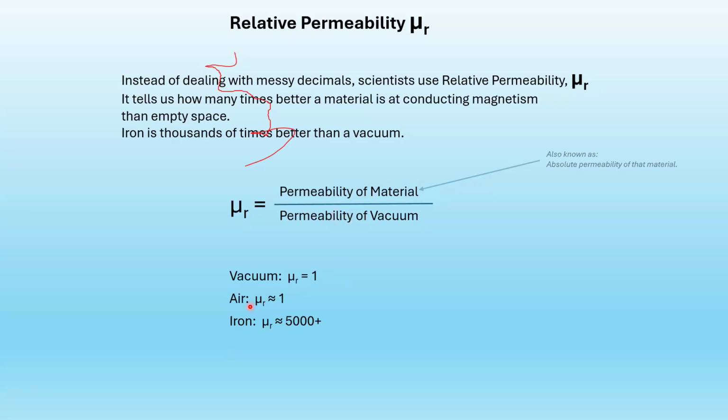Now the air is pretty close to the vacuum when it comes to magnetic field. So it's almost 1. And iron, which is a ferromagnetic material, is roughly 5,000 or more times. So the relative permeability of iron would be 5,000, 6,000, something like that.